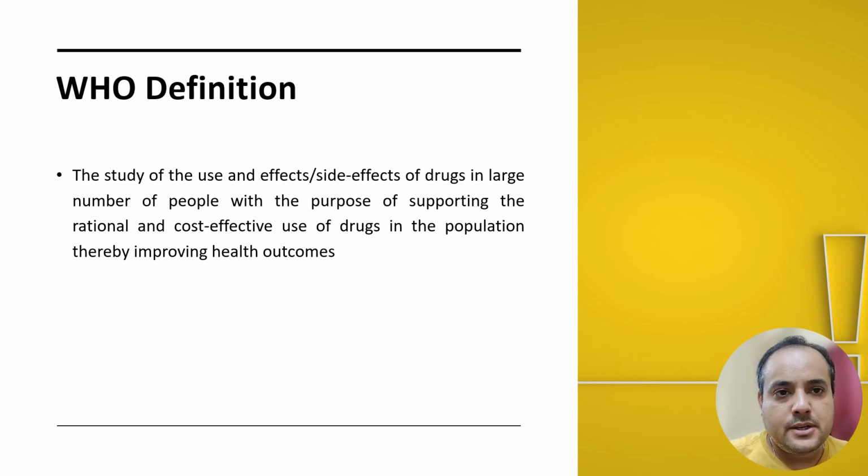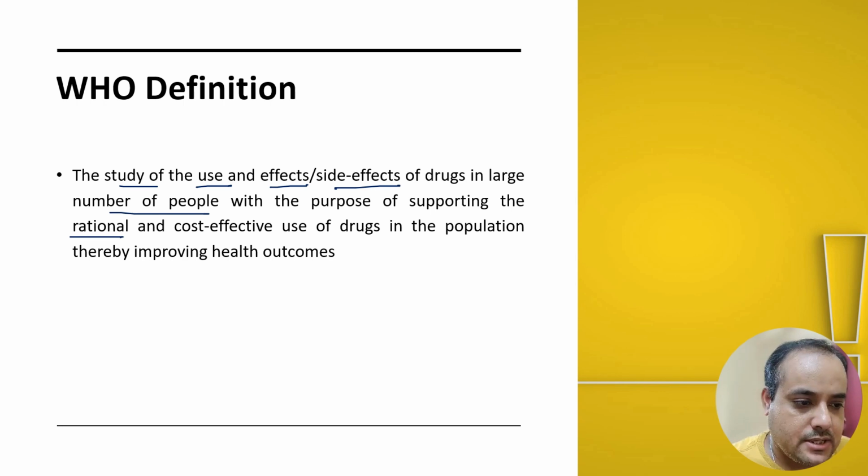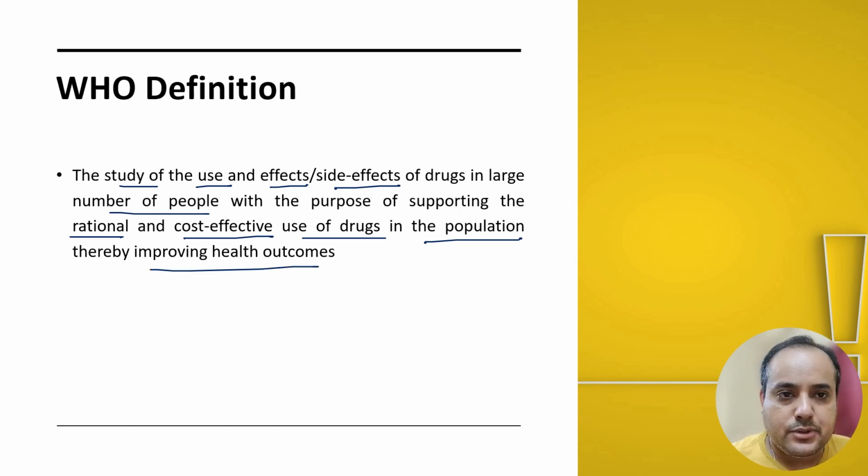Now if we look into the WHO definition of pharmacoepidemiology, it again basically more or less says the same thing. It says that it is the study of the use and the effects, or the adverse or the side effects, of the drugs in large number of people with the purpose of supporting the rational and the cost effective use of drugs in the population and thereby ultimately improving the health outcomes.